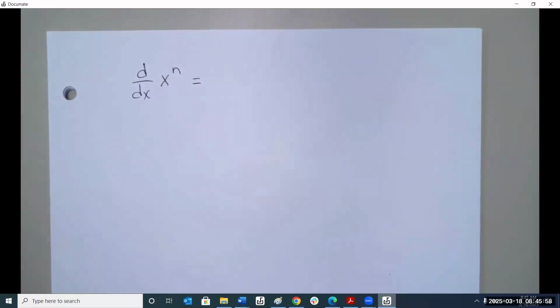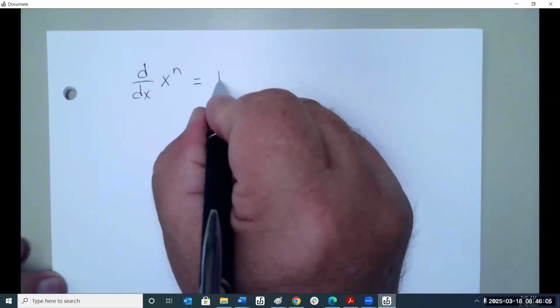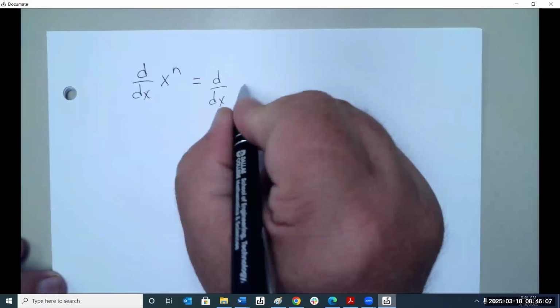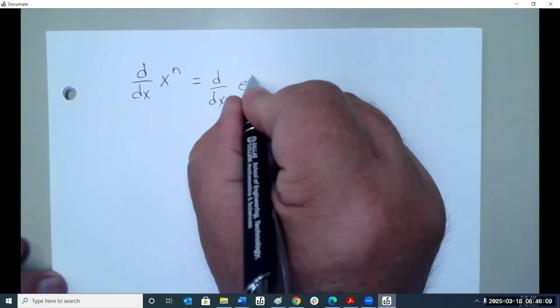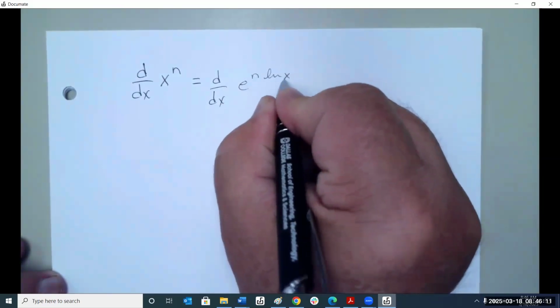Yeah, we know the shortcut: move the power n and subtract 1. But why? We know that this is the same as that.